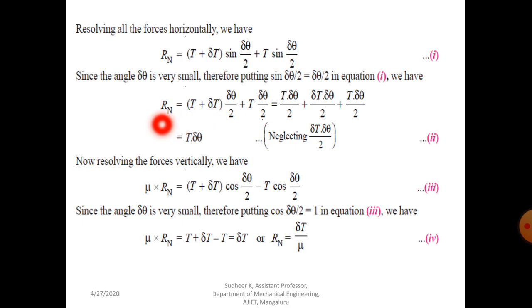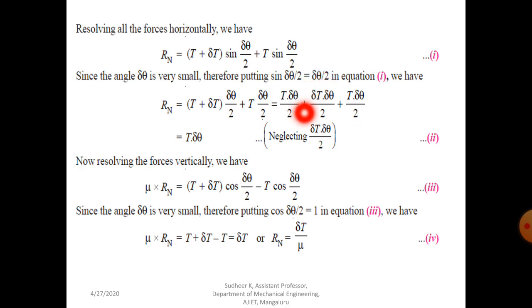Now Rn can be written as (T plus dT) into d theta by 2 plus T d theta by 2, that is equal to, you just multiply here, T into d theta by 2 plus dT into d theta by 2 plus T into d theta by 2.